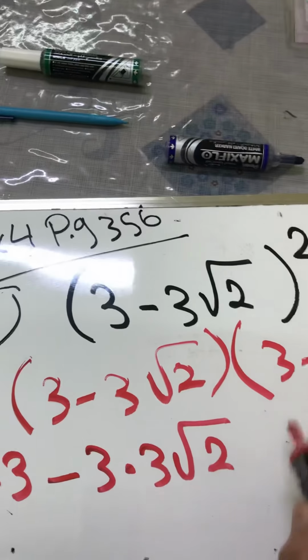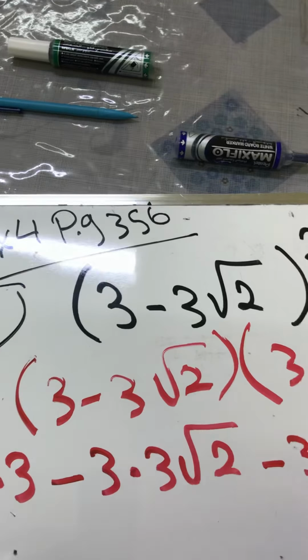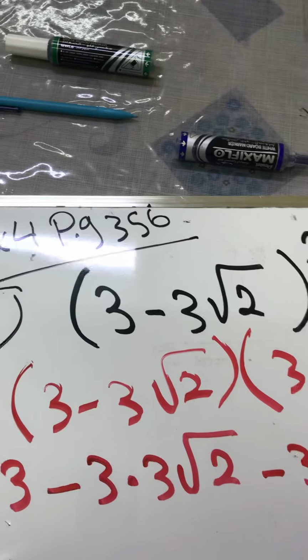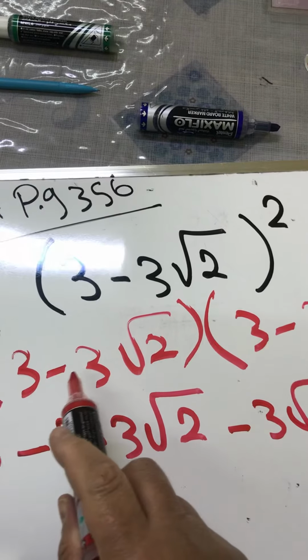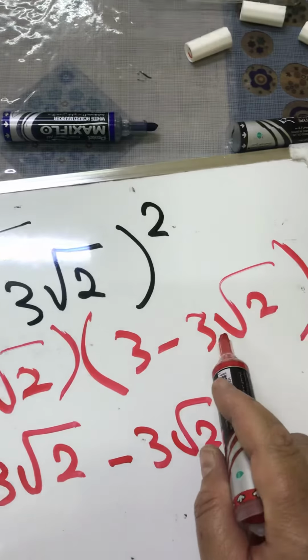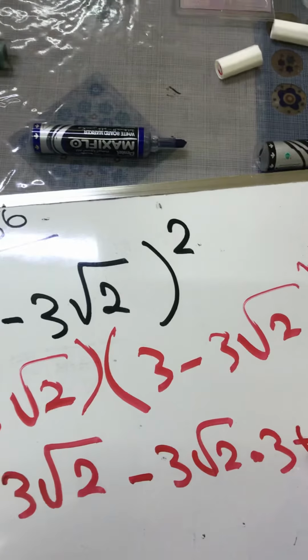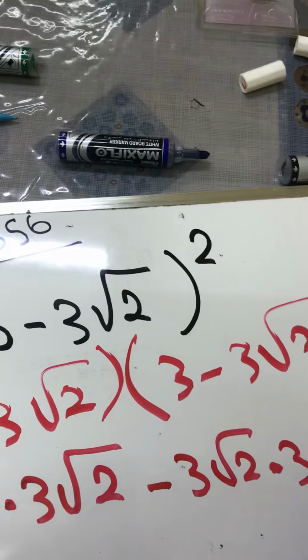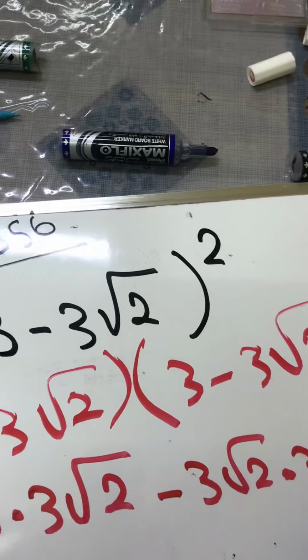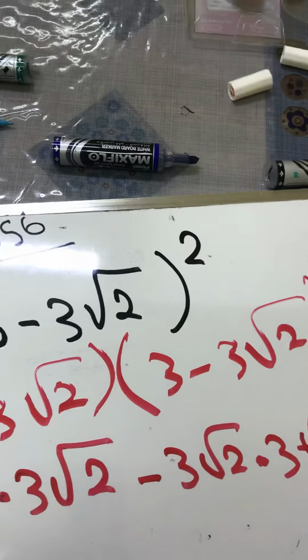Negative times positive equal negative 3 square root of 2 multiply by 3. And finally, negative 3 square root of 2 times negative 3 square root of 2, it will be positive, and I'll write 3 square root of 2 times 3 square root of 2, multiply with each other.